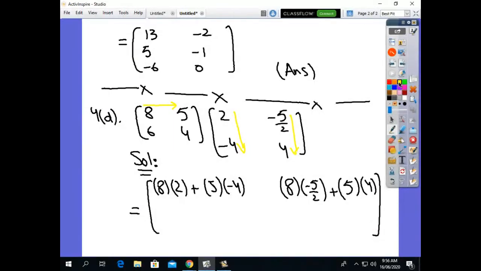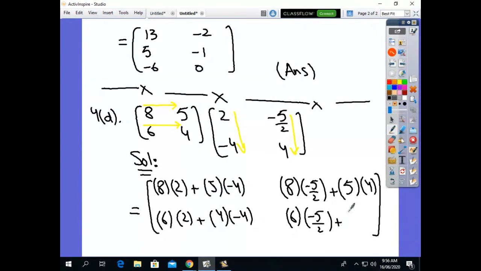Now we multiply the second row with both the columns. We have 6 with 2 plus 4 with negative 4. Similarly, 6 with negative 5/2 plus 4 with 4.